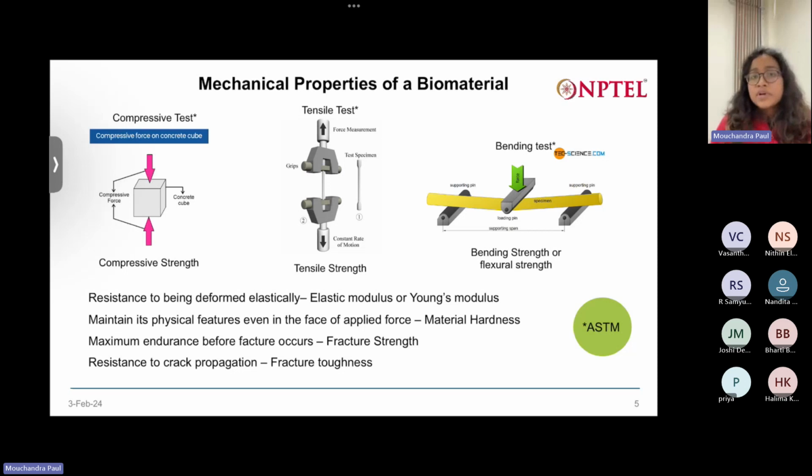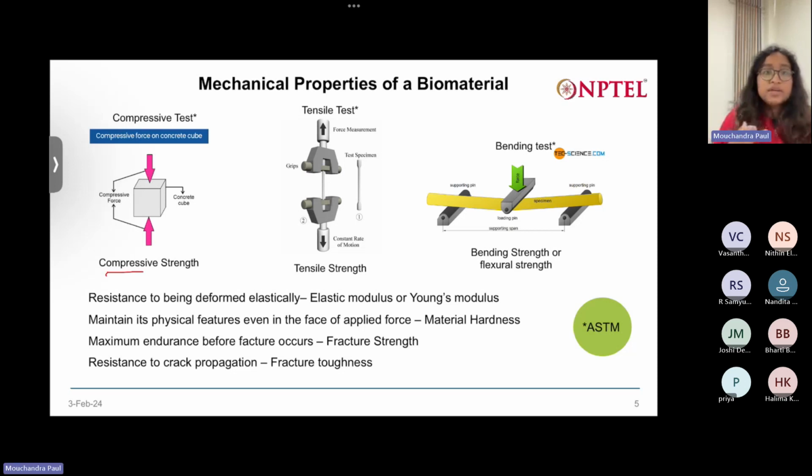Whenever we are working with any type of biomaterial and we would like to understand its mechanical property, we do some kind of test, like the compressive test, where force is given inwards to decrease the material's length. From this test we are able to find compressive strength.